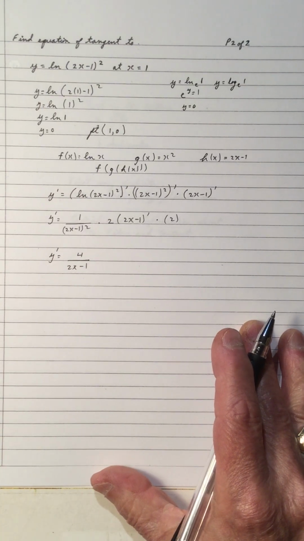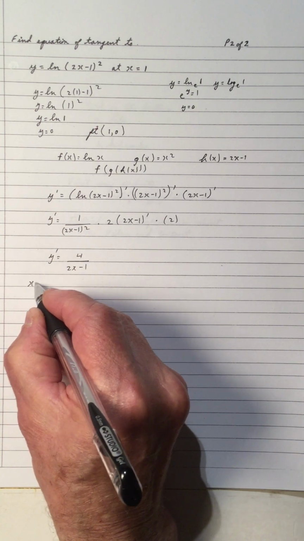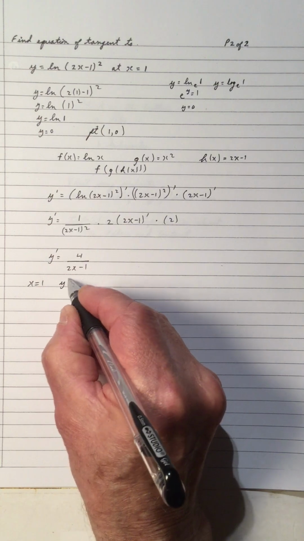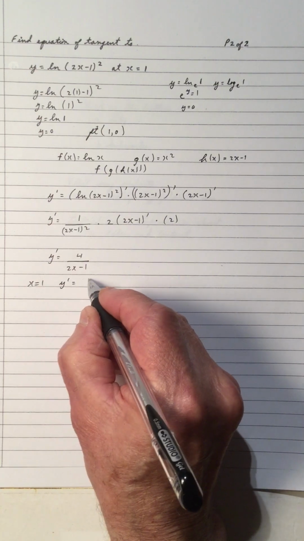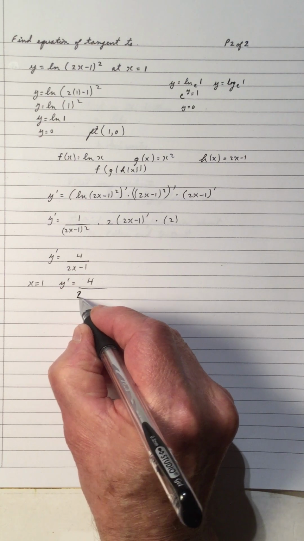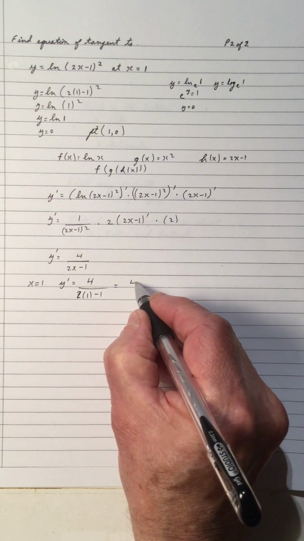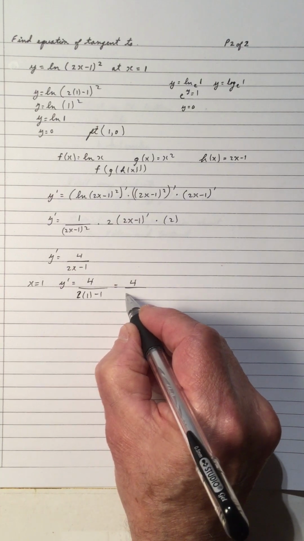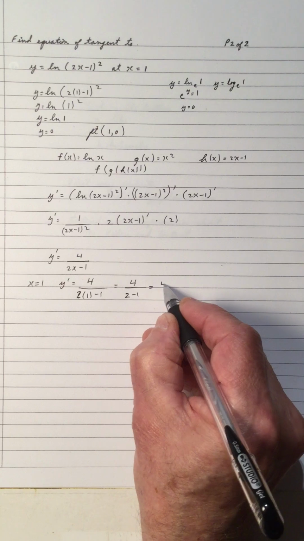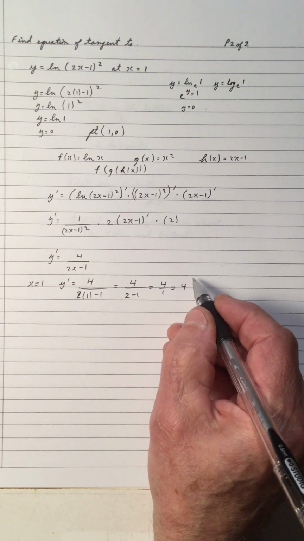That's the slope of the tangent at any point, but at x equals 1, what is the derivative, which is the slope of the tangent? We put a 1 in. That's 4 over 2 times 1 is 2, minus 1. 4 over 1 is 4.